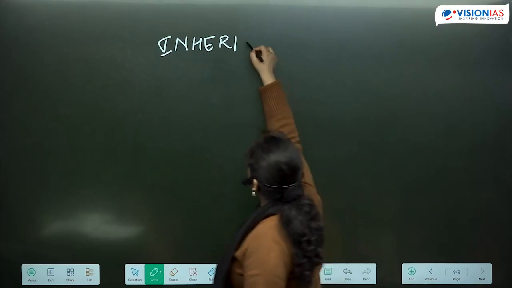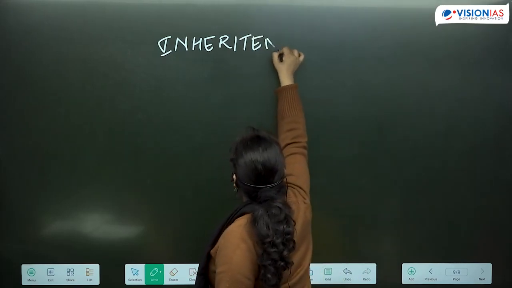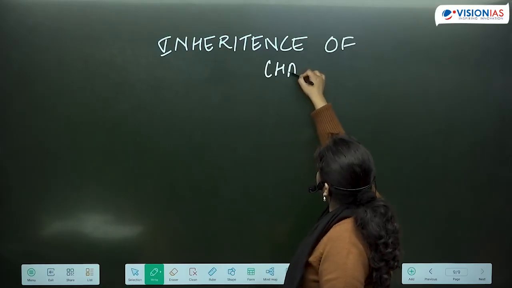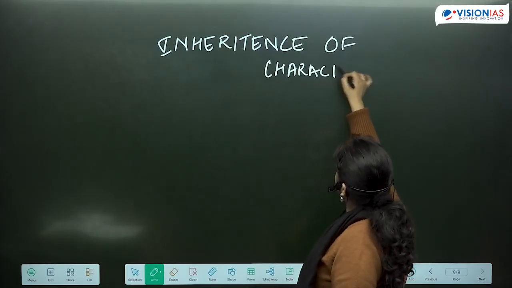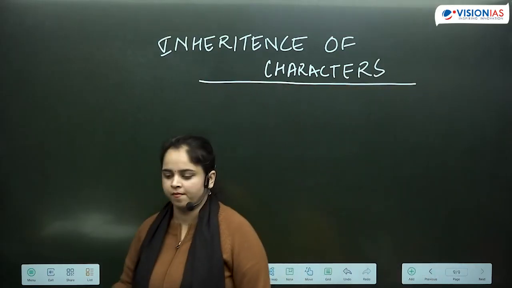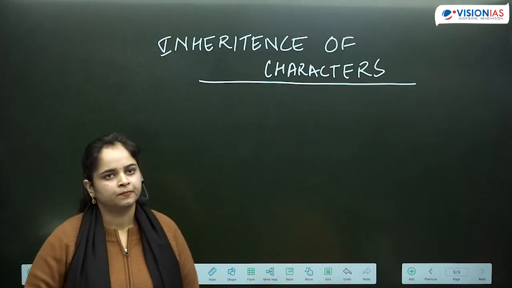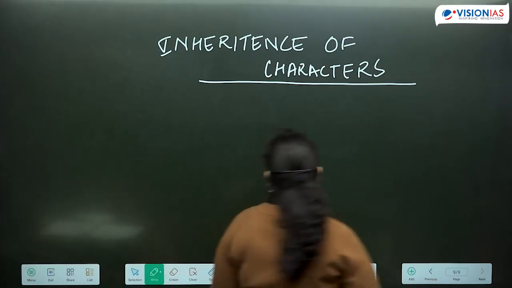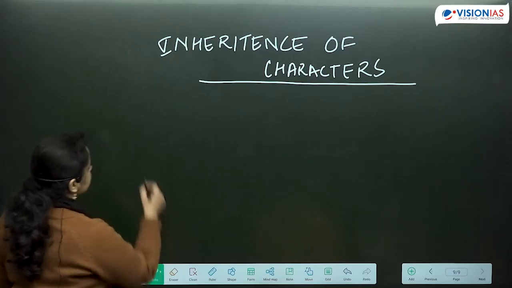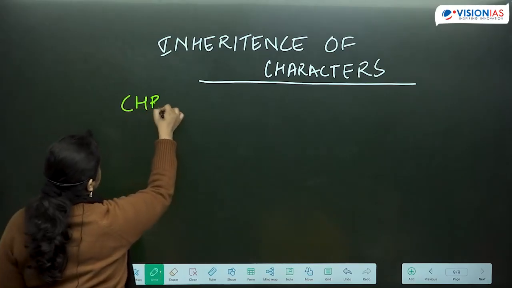So we are going to understand how that inheritance happens. To go into this, the first point which we are bringing in is the idea of chromosomes.